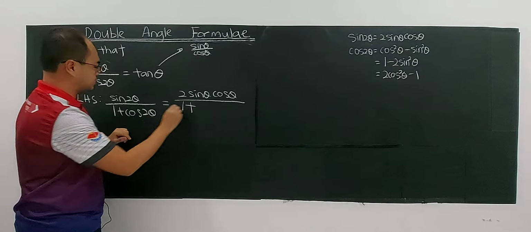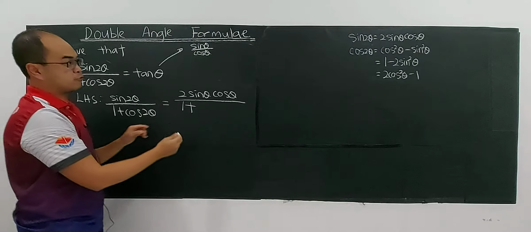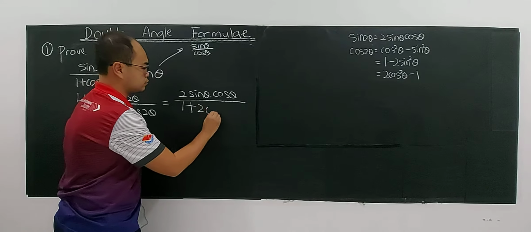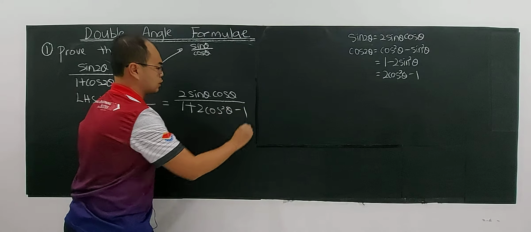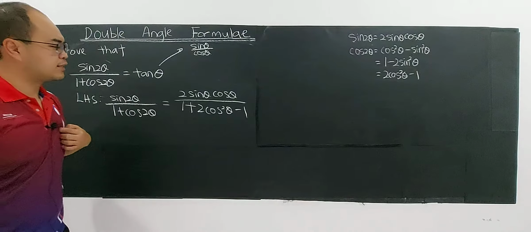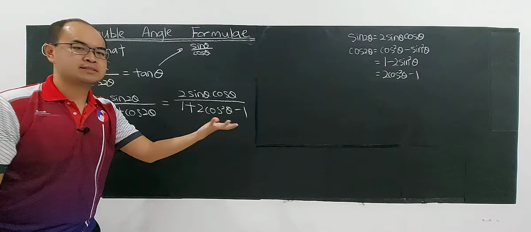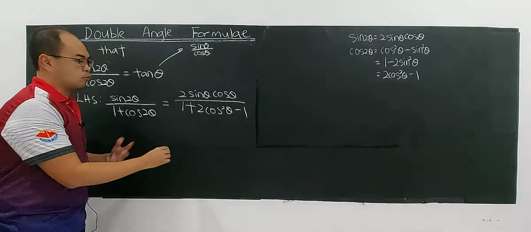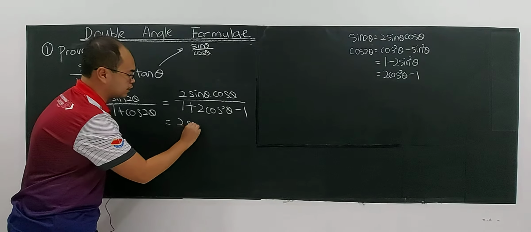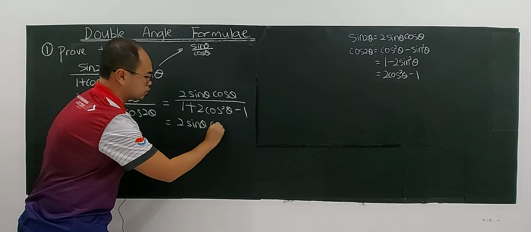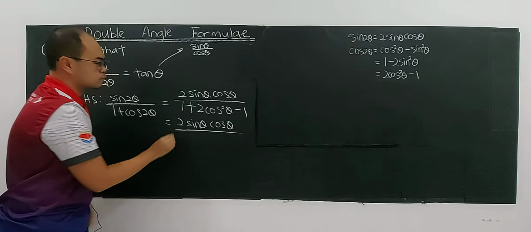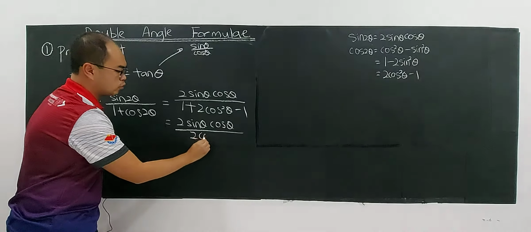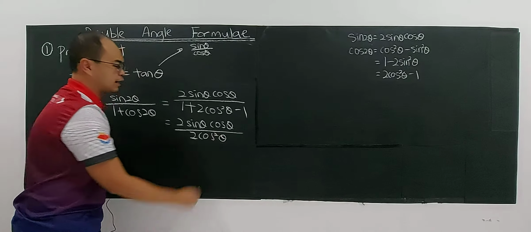So 1 plus cos 2 theta. I have three formulas. I choose cos 2 theta to be 2 cos square theta minus 1. And I can also see that 1 minus 1 is getting 0, so there is hope. So you have 2 sine theta cos theta over 1 minus 1, 0, so you have 2 cos square theta.